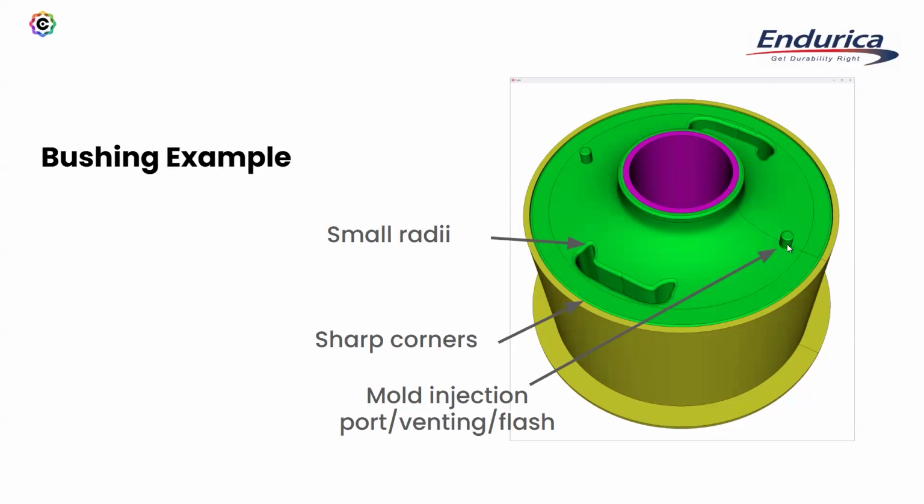And obviously the importance of these nubs can vary. If you put this little port in the wrong place, it can be a stress concentrator. It can be a place where cracks start. Hopefully, when you design your mold, you put this in a place where it's not going to do anything to the part. But that's why we do the analysis, right? Is to figure out where we ought to put these things.